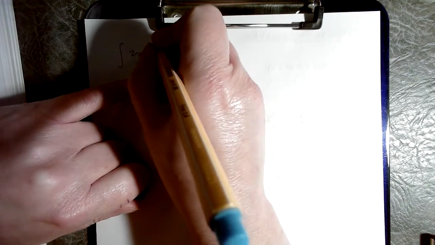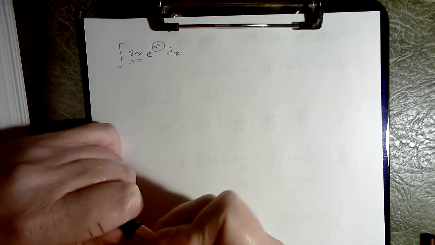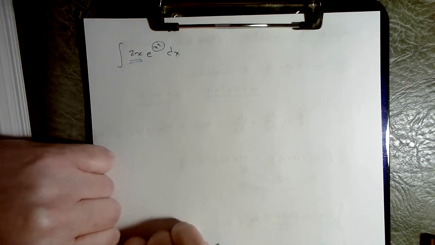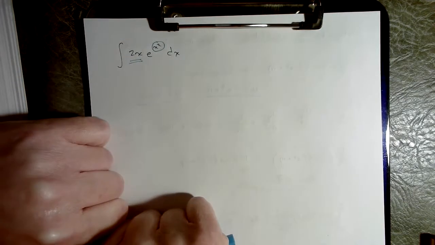In addition, that thing stuffed inside the e function, its derivative is right there. You need to have fluency to recognize derivatives. This one is fairly straightforward. 2x is the derivative of x squared. And that's going to set me up.